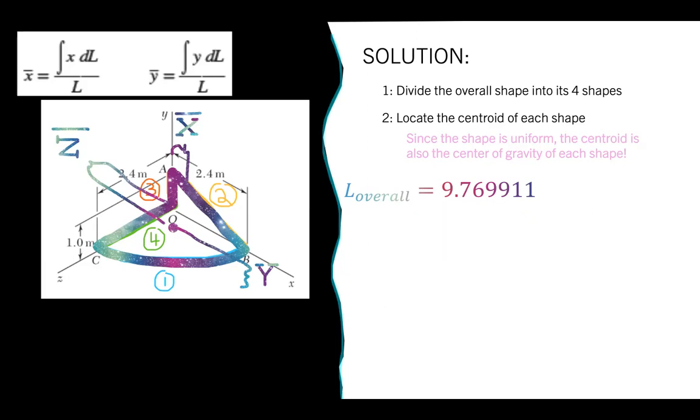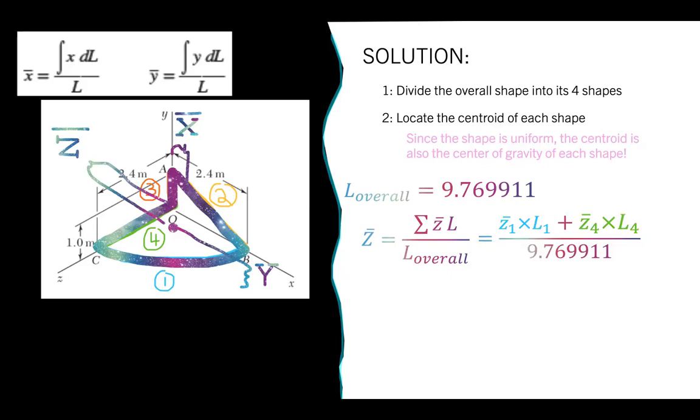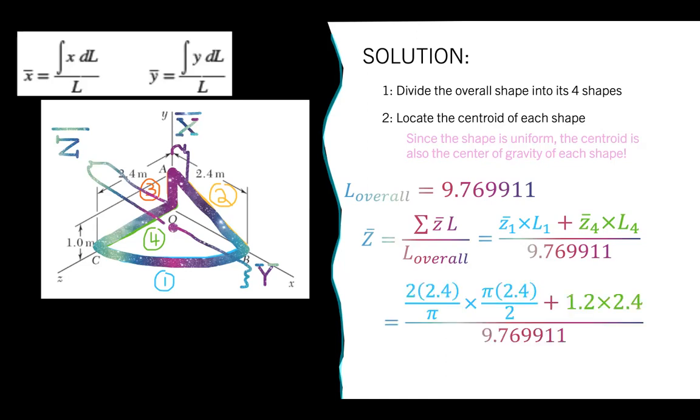Next, we'll be focusing on the z coordinate of the centroid for the whole overall shape. Looking at our known quantities, we have z1 bar times L1 plus z4 bar times L4 over 9.769911. Plugging in our known quantities, we then have the z coordinate is equal to 0.884 meters.